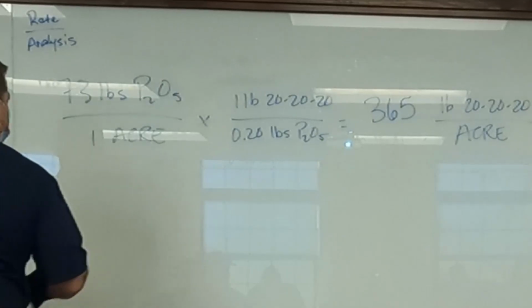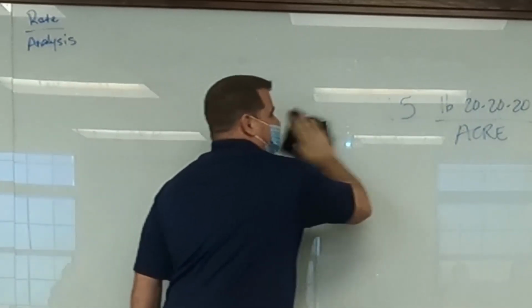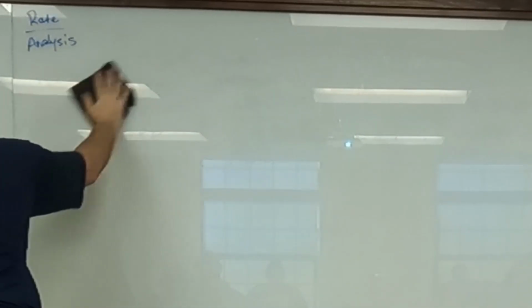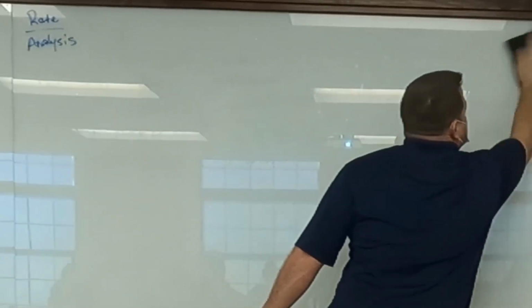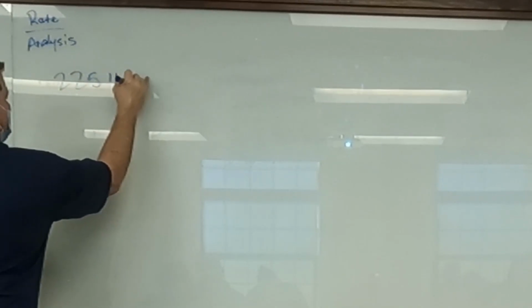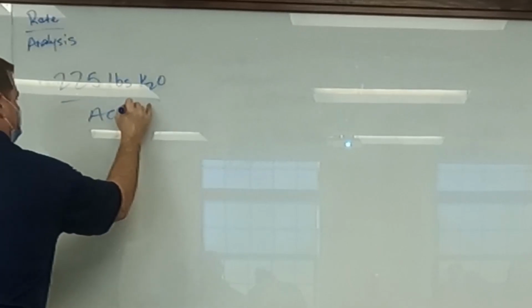All right, let's look at this next one, because this next one is going to integrate a different component. It's one thing to know that you need to apply that much fertilizer, but are you making a right decision? So we know that we need 225 pounds of K2O per acre.